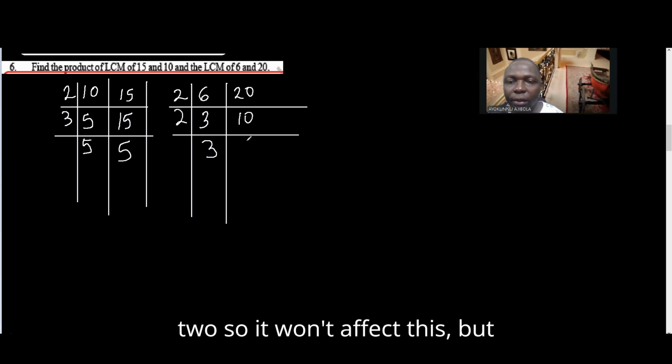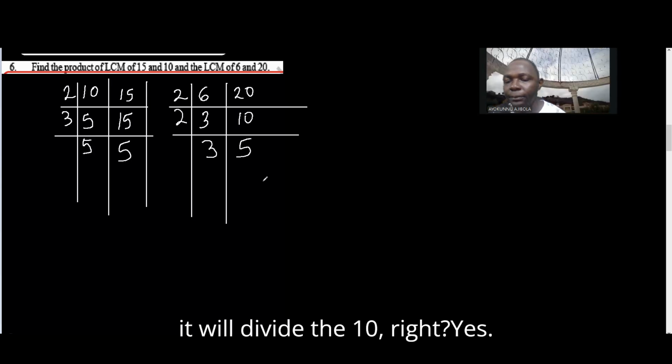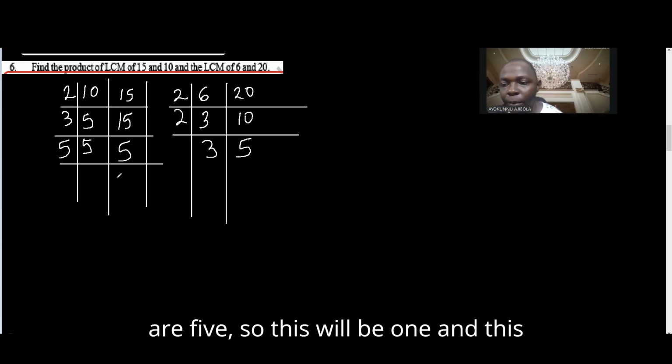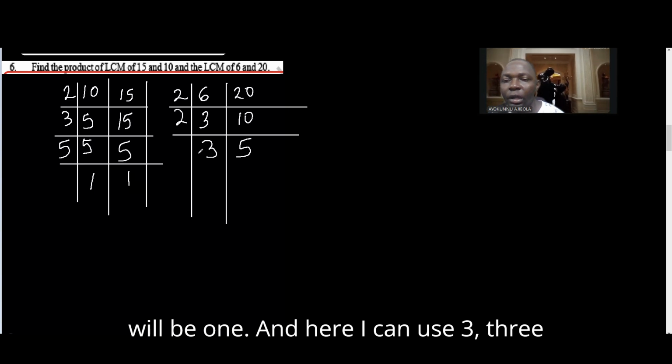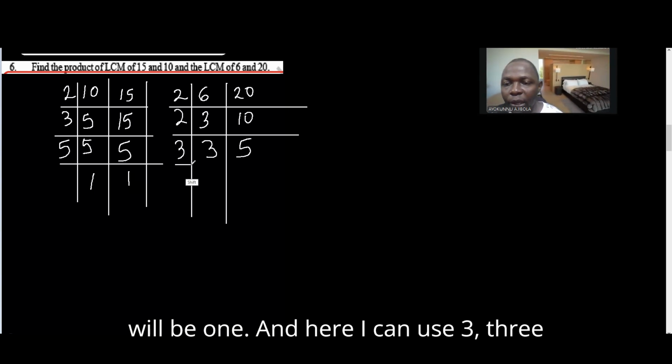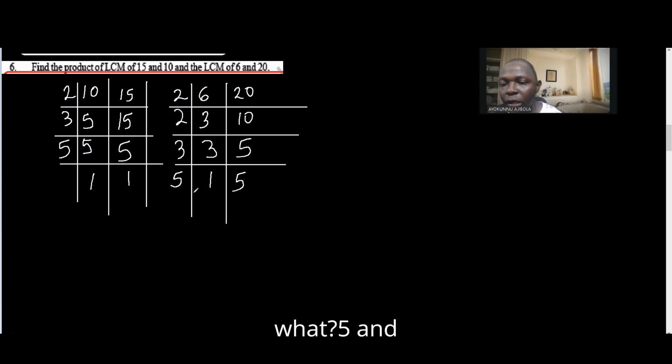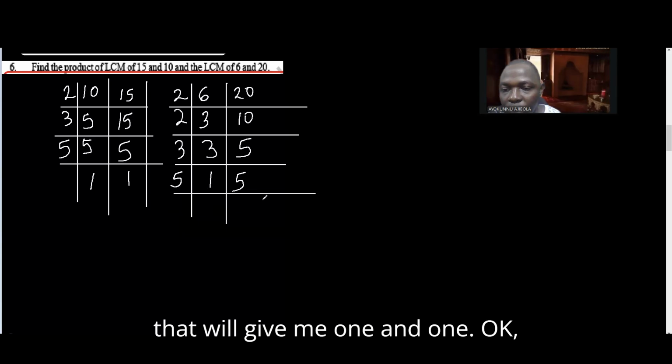It won't affect the 3, but it will divide the 10 to give 5. Now I have no option than to use 5 because both of them are 5, so this will be 1 and this will be 1. And here I can use 3. 3 will divide the 3 but not the 5. Then I end up using 5, and that will give me 1 and 1.